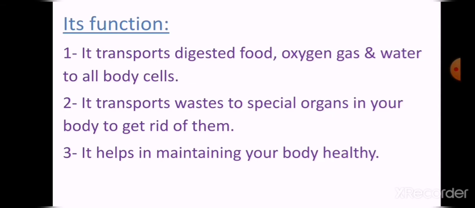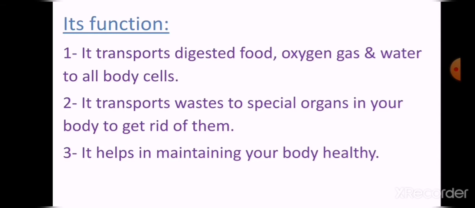After the digestion process that happens in the digestive system, the food becomes digested, okay? And after the respiration process, you breathe in the oxygen gas. So the circulatory system takes the digested food from the digestive system and takes the oxygen gas and water to all over the body cells.